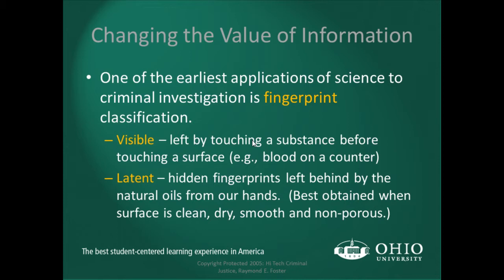A visible print is clearly somebody touching a substance and a surface and leaving a print you can see with the naked eye. Latent prints are hidden prints left behind from the natural oils in your hands. They're best obtained off a clean, dry, smooth, non-porous surface.